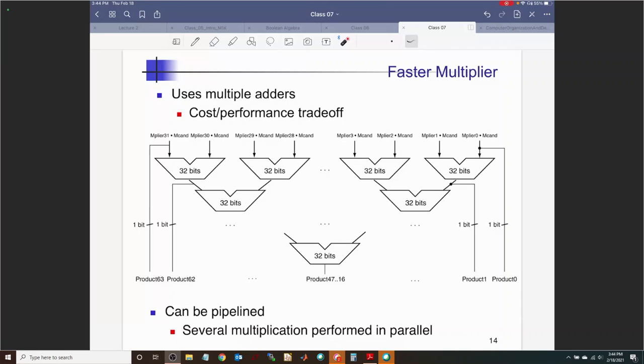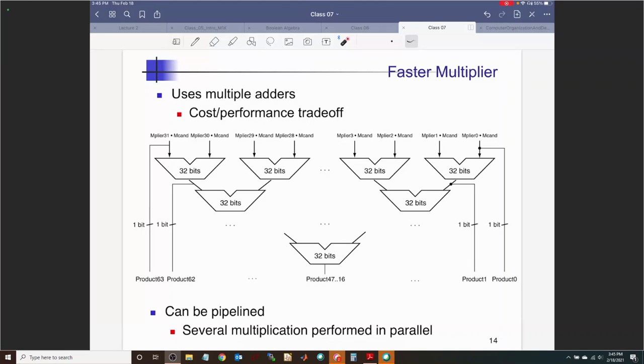So by that, you don't have to wait. This is a scheme to improve the performance, mainly the speed, but it will cost you because you will need multiple adders to do this. We are still multiplying a 32-bit number with a 32-bit number using 32-bit ALUs, 32-bit adders.